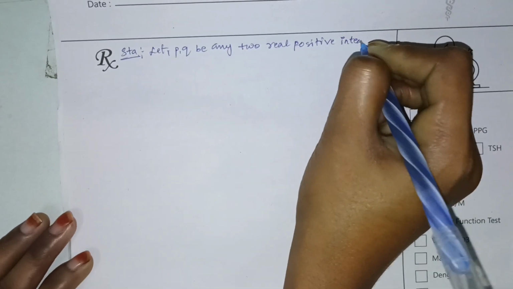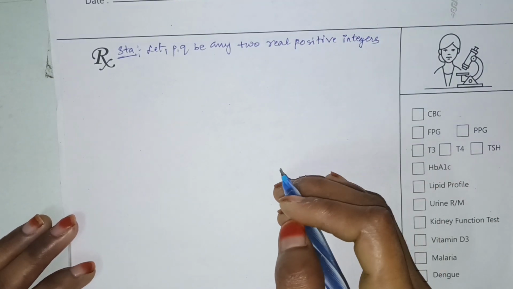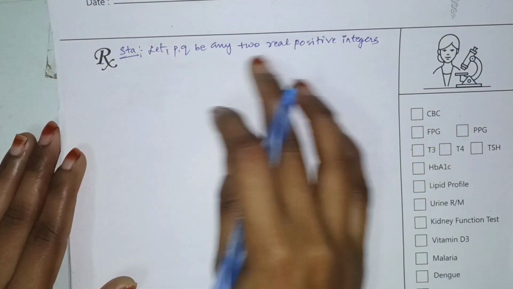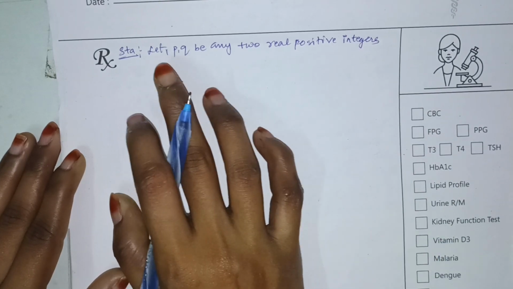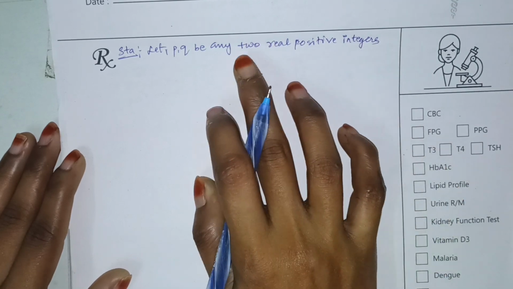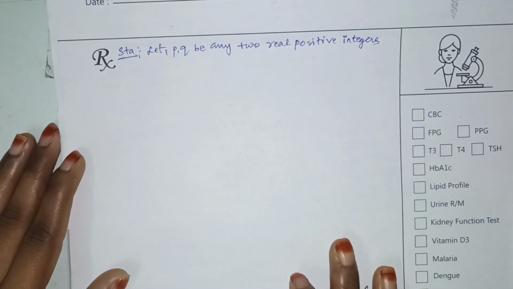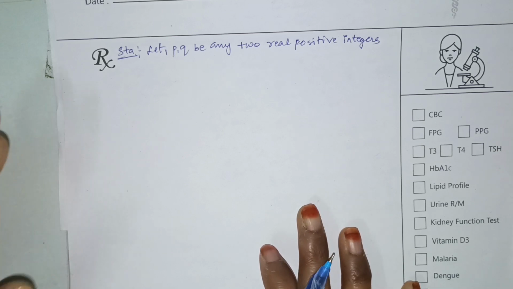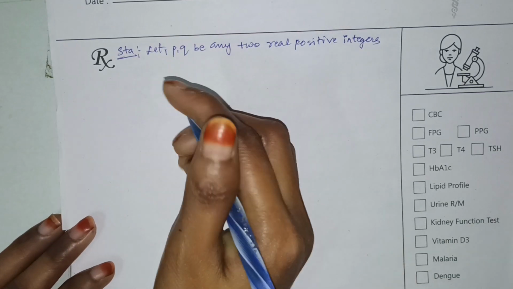In the internals also, they might ask you the statement, like in the Hölder's inequality, what is p comma q, whether they are positive integers, real positive integers, or negative integers, or none of the above. So you need to be very careful while learning the statements and proofs.